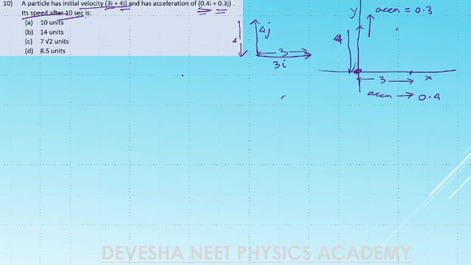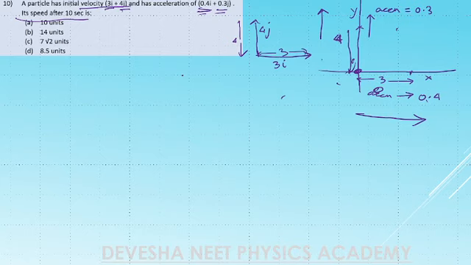So we'll find out what will be the speed in the x direction and what will be the speed in the y direction after 10 seconds.